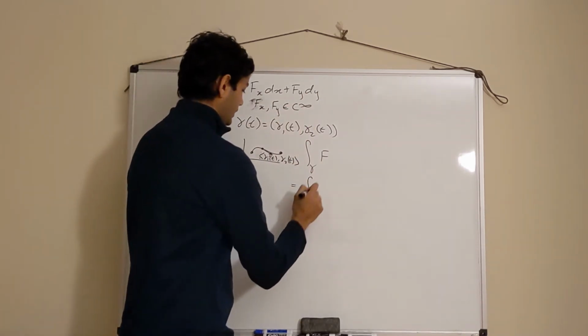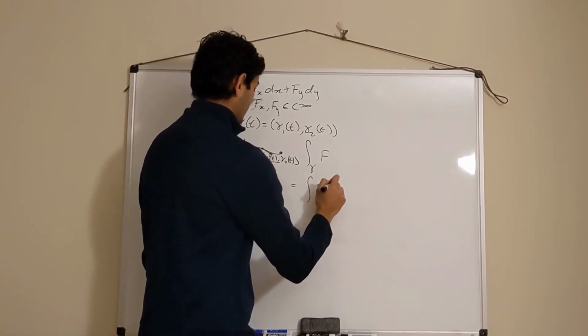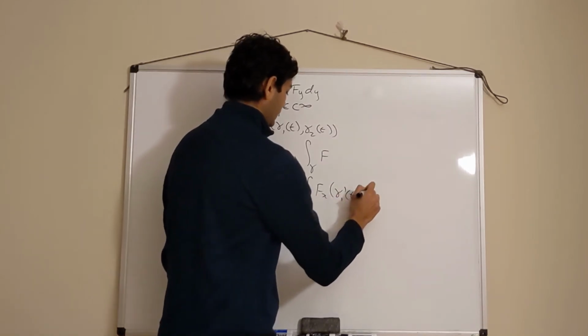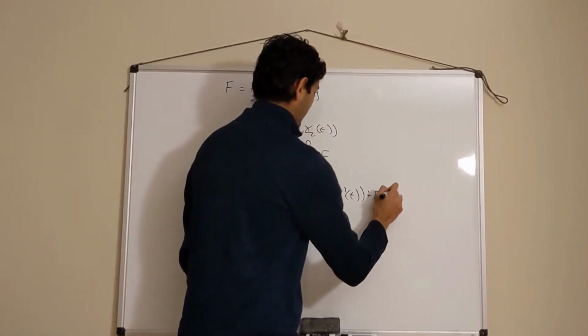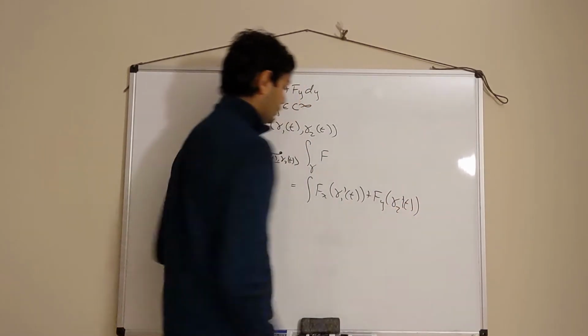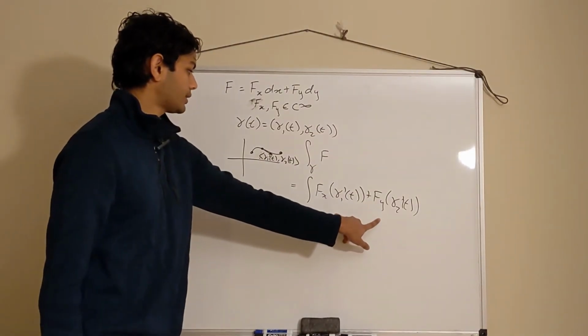And so what that'll give you is the integral of fx times gamma 1 prime of t plus fy times gamma 2 prime of t. This fx and fy is not supposed to mean that I'm taking the derivative with respect to something.